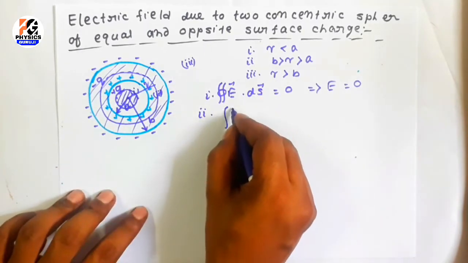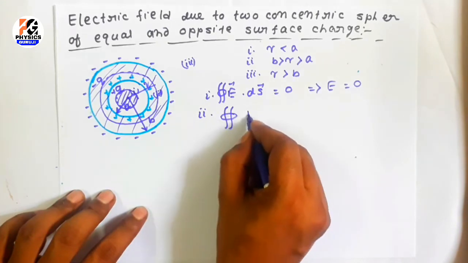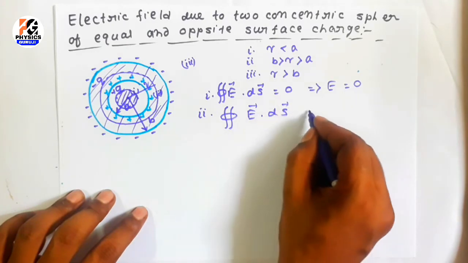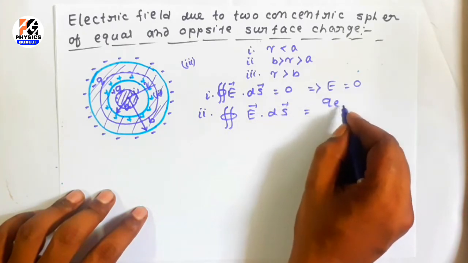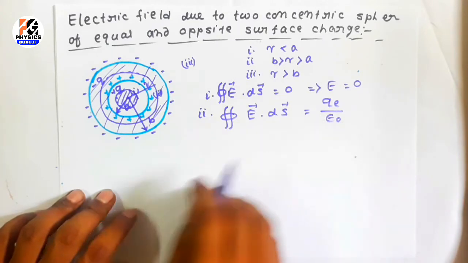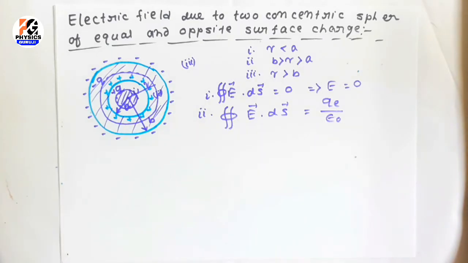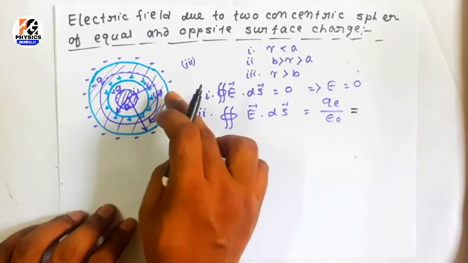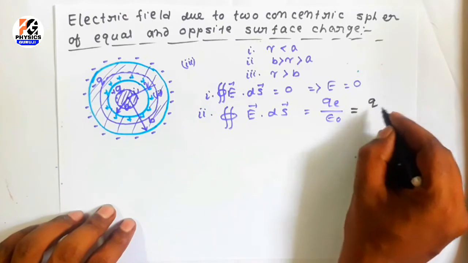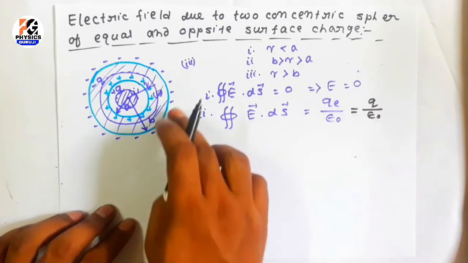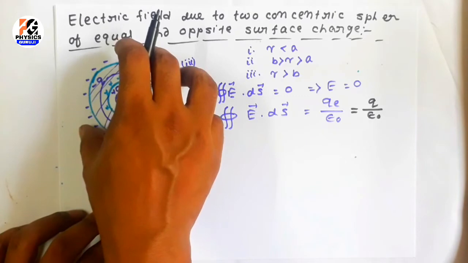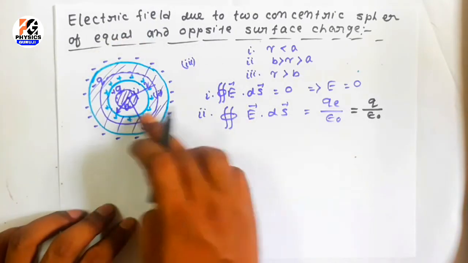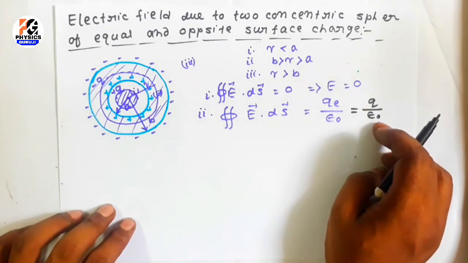So we have to write closed surface integral of E dot ds equal to Q enclosed by epsilon 0. Now you can see that Q enclosed is equal to Q, because the minus charge is outside the Gaussian surface and the plus charge is inside the Gaussian surface.